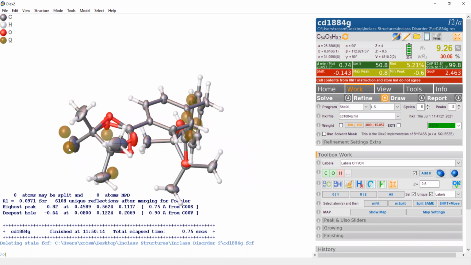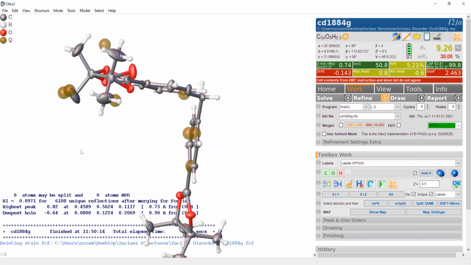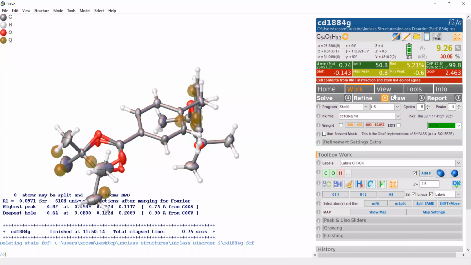So now if we look at this methyl group, it doesn't look that bad. So let's go ahead and add some hydrogens.